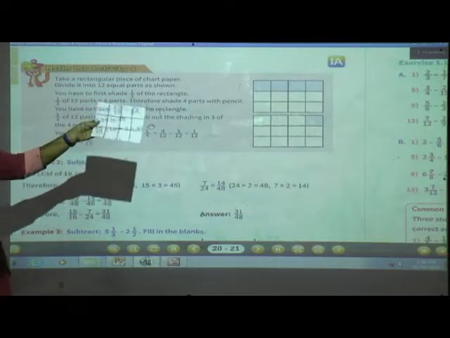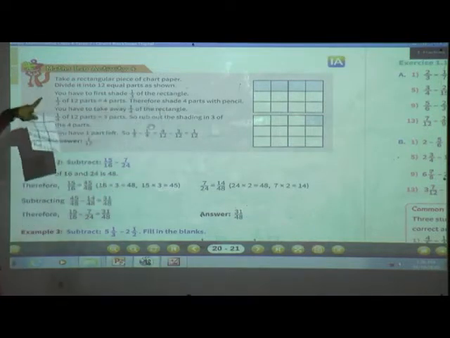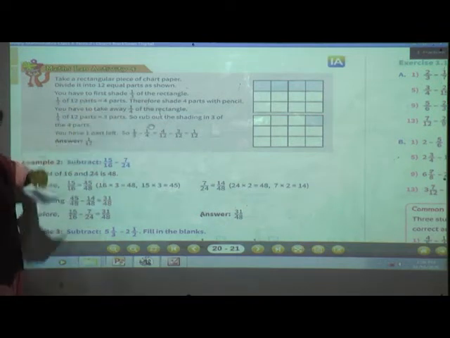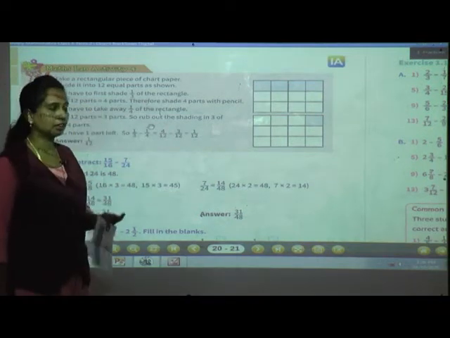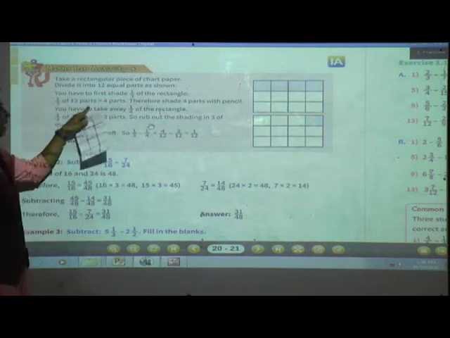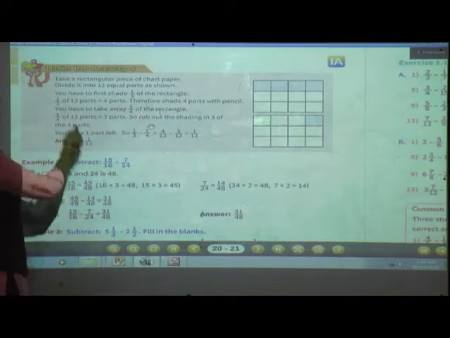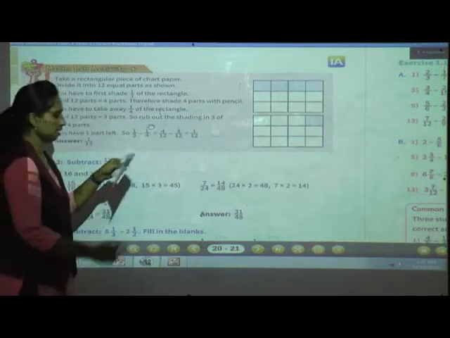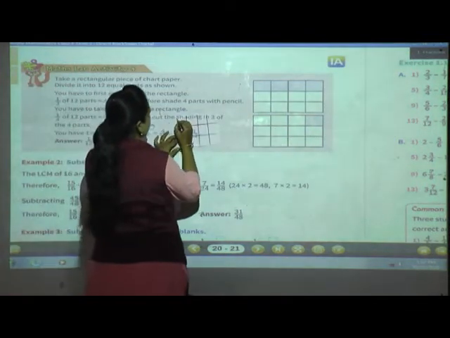Yes, can you see now? So first you have to shade 1/3 of the rectangle. 1/3 of 12 parts means how much, students? See, 3 1s are 3, 3 4s are 12, means 4 parts. See, I am going to color it with the pencil.